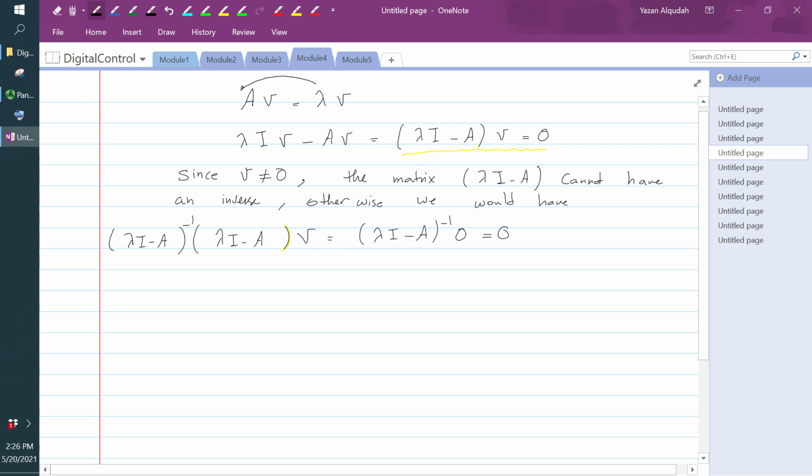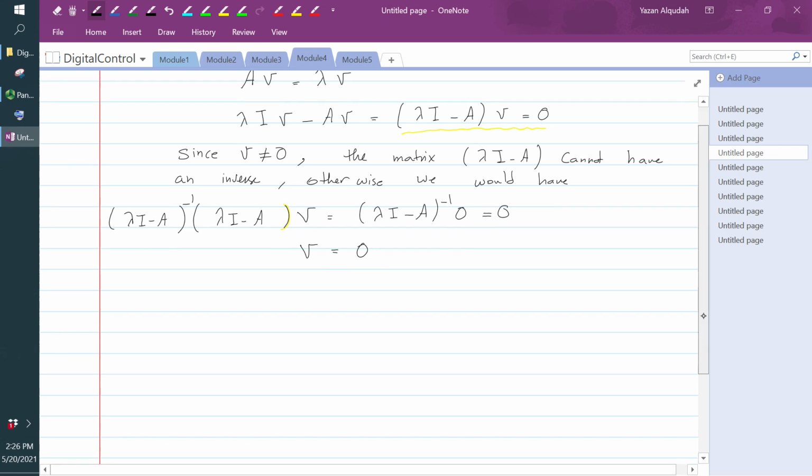This multiplication is going to result in V, and this multiplication is going to result in 0, which means V is going to equal 0, but we already stated V is not equal to 0.